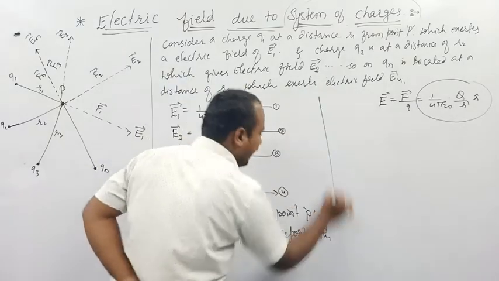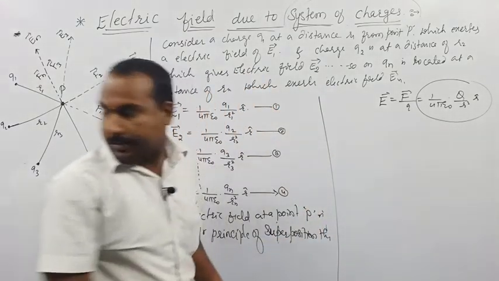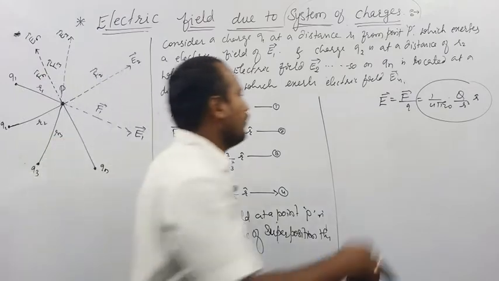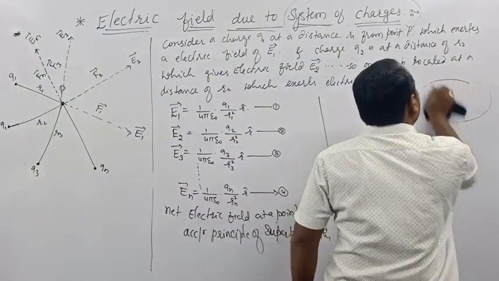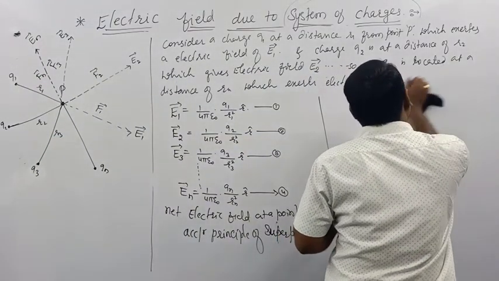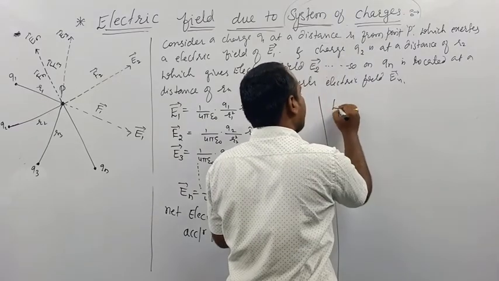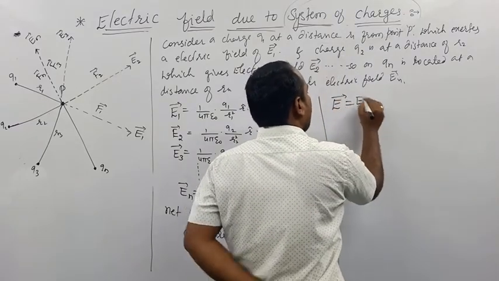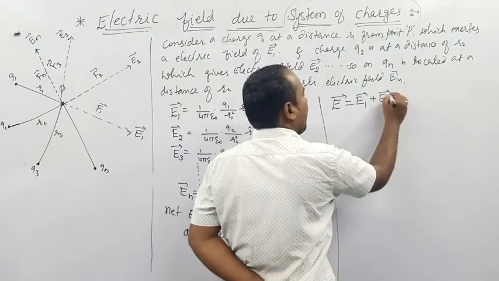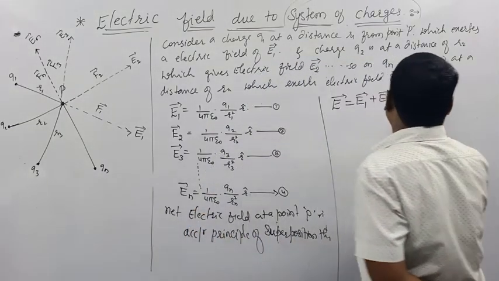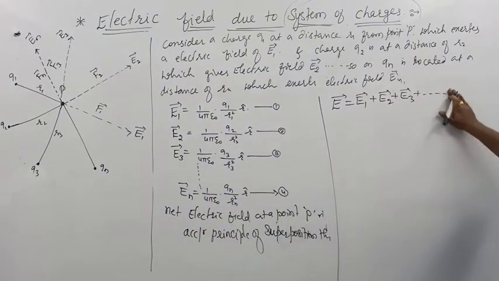So we can write it as vector E is equal to vector E1 plus vector E2 plus vector E3 plus so on, that is plus vector En.